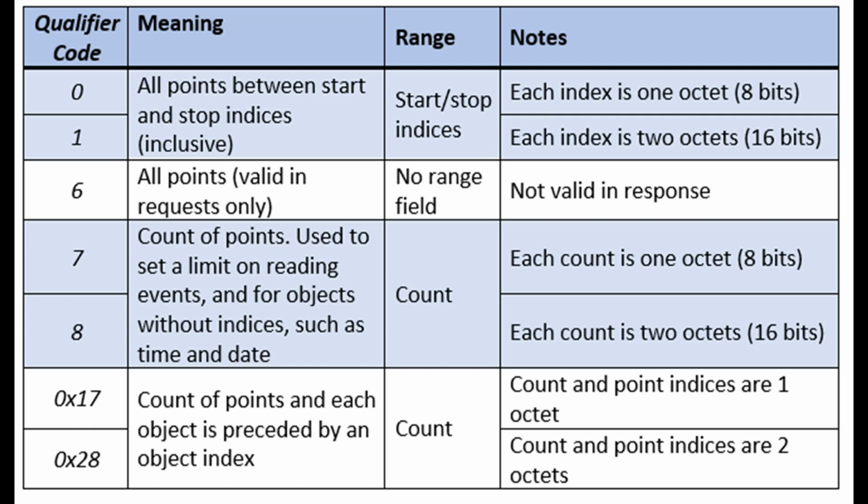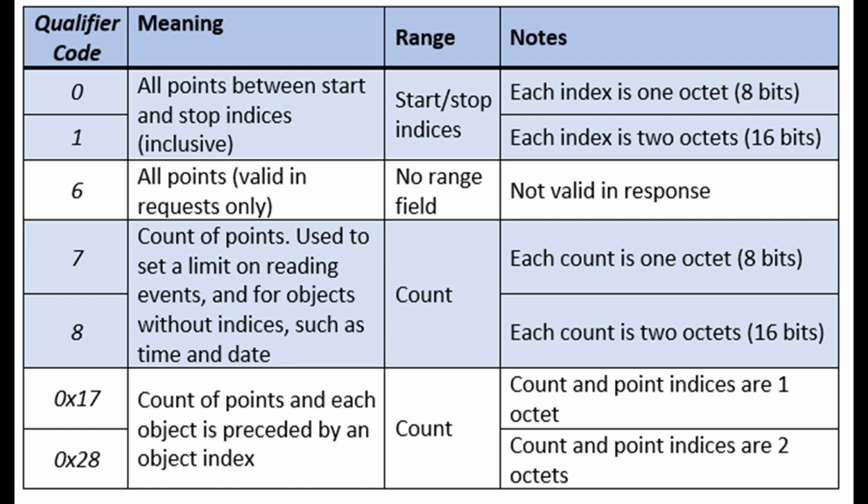Qualifiers 7 and 8 are used to specify a count of points, and the range field includes that count. Again, qualifier code 7 uses a range field of 1 octet (8 bits), and qualifier code 8 uses a range field of 2 octets.